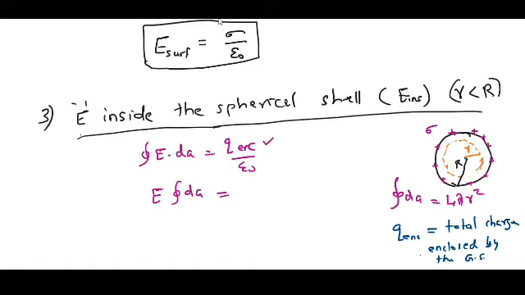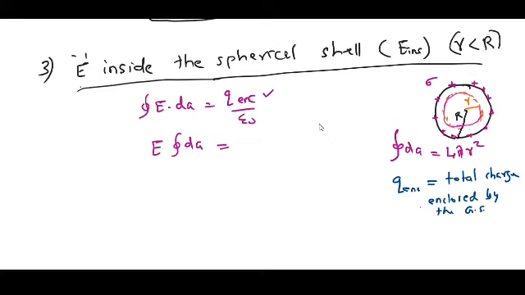If you refer to the figure, it is very clear that all the charges are situated at the surface, and inside the Gaussian surface no charges exist. Therefore Q enclosed is equal to 0. So the right hand side of this equation automatically goes to 0. Then E into 4 pi r square is equal to 0. That is, the electric field inside a uniformly charged spherical shell is nothing but 0.